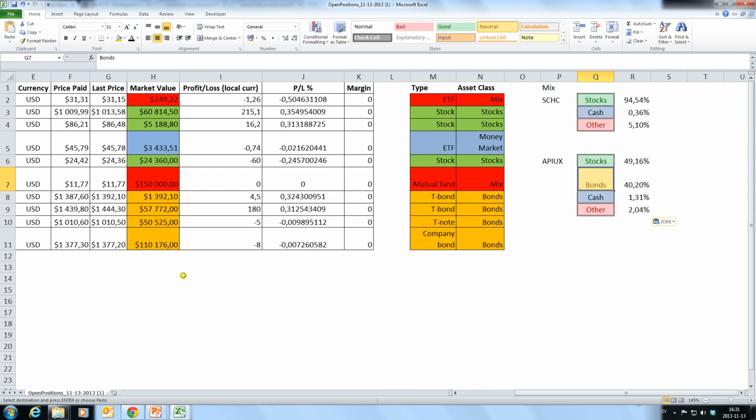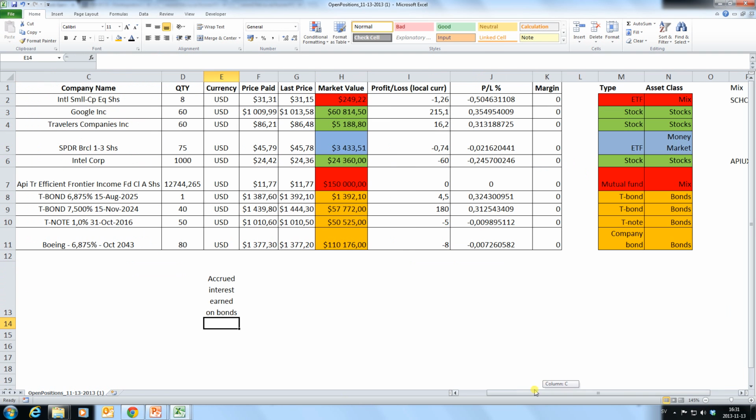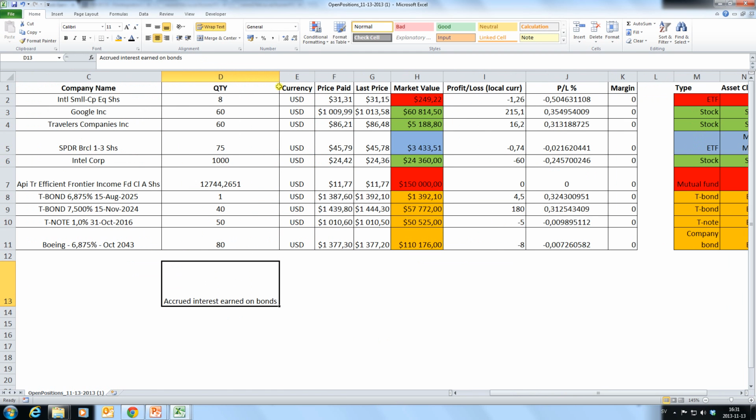So we add one tab here, which we call accrued interest earned on bonds. Maybe we can move it here and make it bigger. Okay. And we also need to add the current available cash.